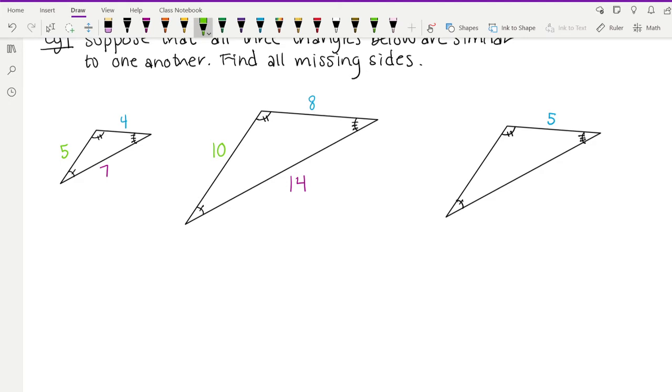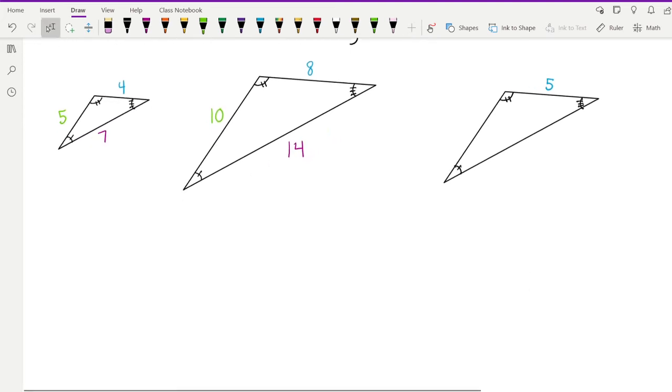This third triangle, it's not a nice clean multiple of the base triangle, right? It's not just twice as big or half as big or something like that. It's kind of a weird other length. And so for this one, we actually do want to use ratios. So let's label these missing sides with B and C, and then we'll use ratios to figure out what those sides are.